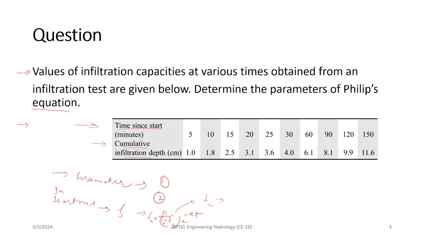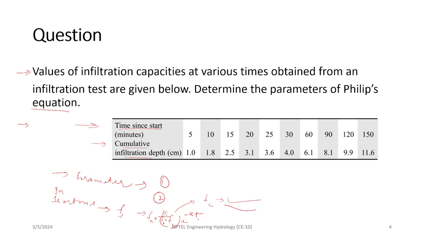Every soil, as a porous medium, can't be a buffer kind of thing; there won't be an infinite volume of storage in a specific volume of soil. So definitely there will be a finite volume. For that case there will be a constant infiltration rate, which is why we get this value fc.